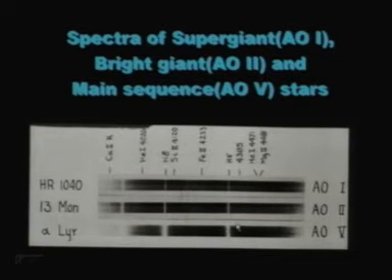The same line, for example, in the bottom spectrum is very bright. If you go to the next one, it has become narrower, and if you go to the last one, it is still narrower. This subtle difference in the same line tells us the story. It tells us whether a star belongs to a supergiant class or a giant class or the main sequence.